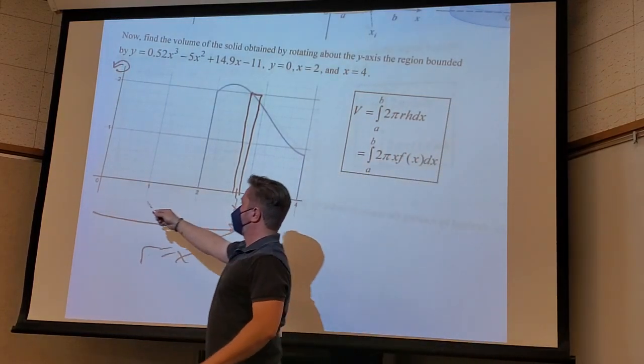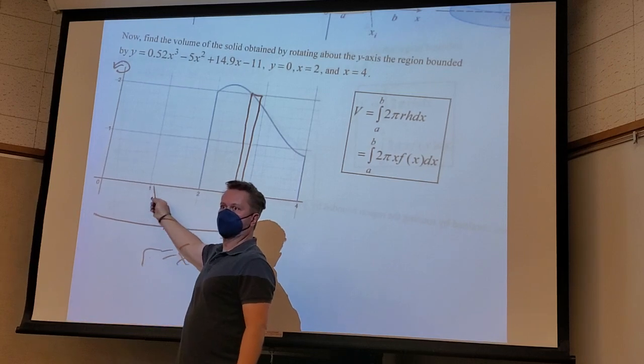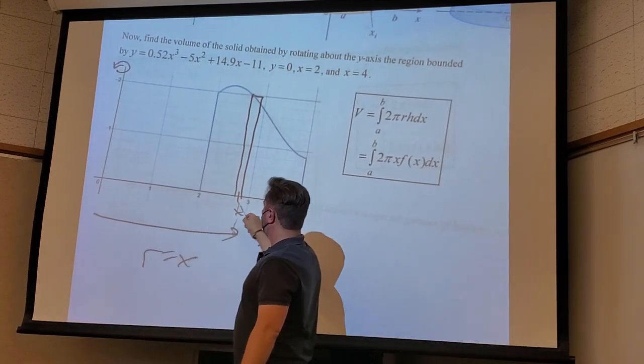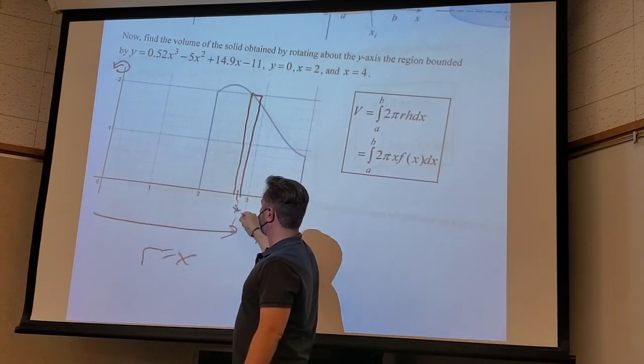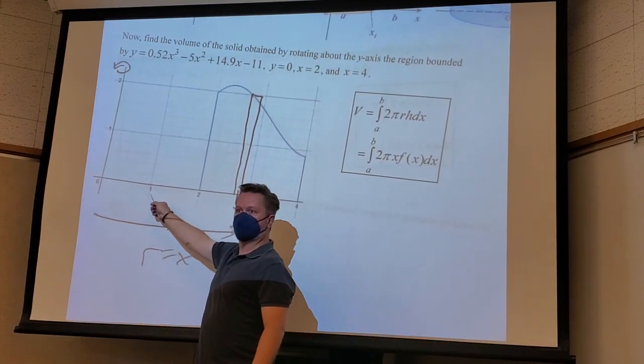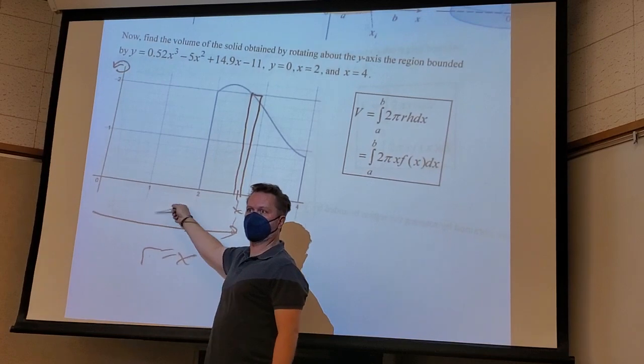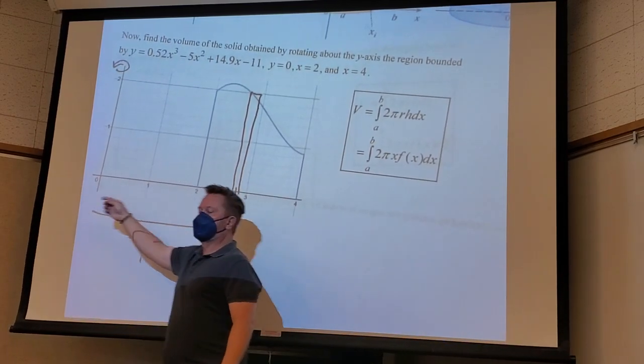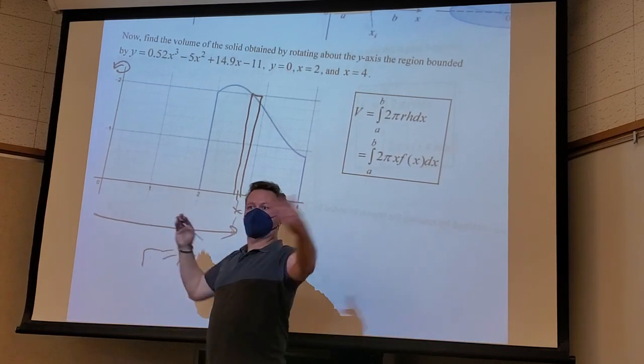Well, I could say the axis of revolution is x equals 1. If the axis of revolution was x equals 1, what would the radius be? x minus 1. Big minus small. With me? If I had made it negative 1, it would be x minus negative 1, so x plus 1.